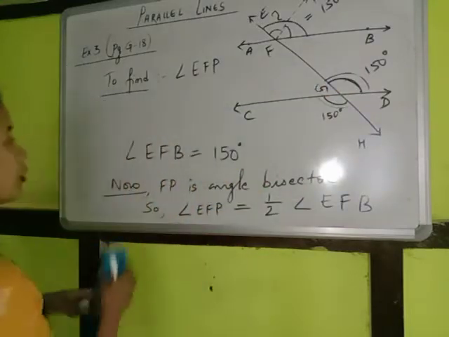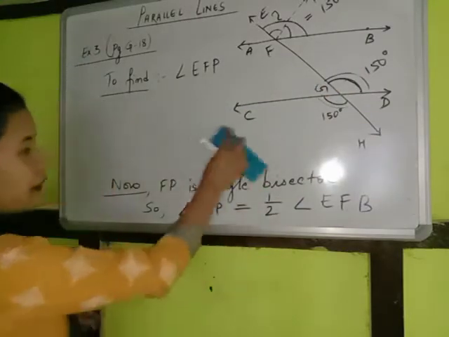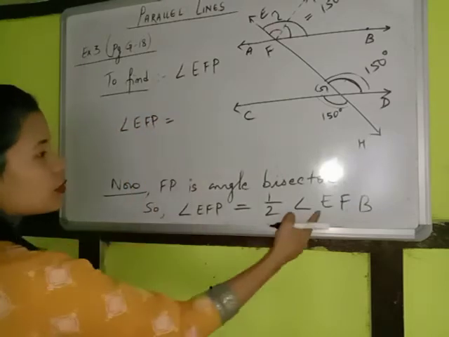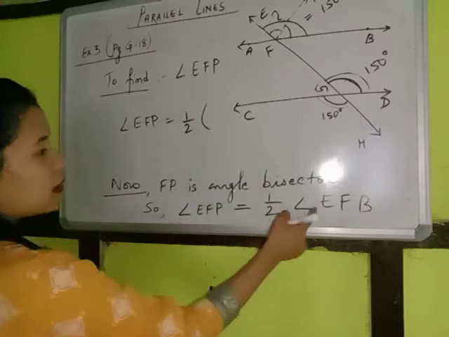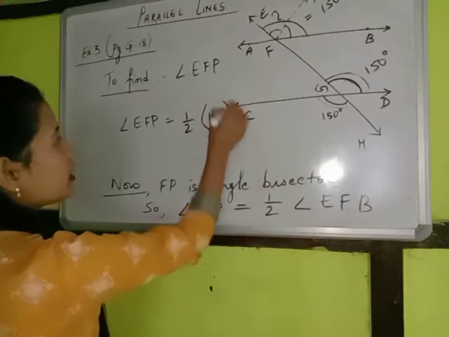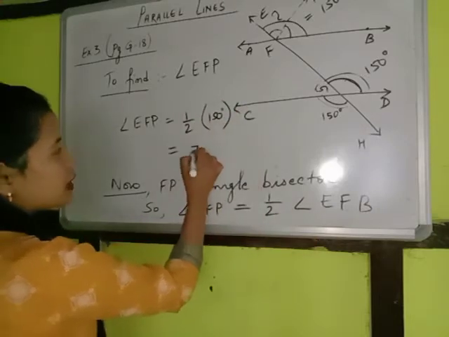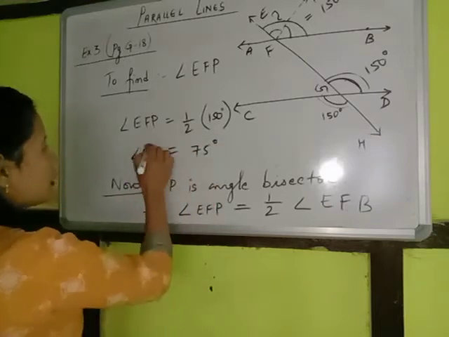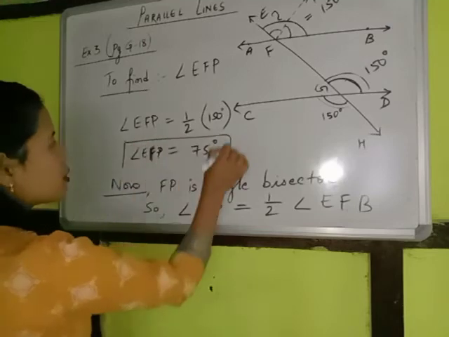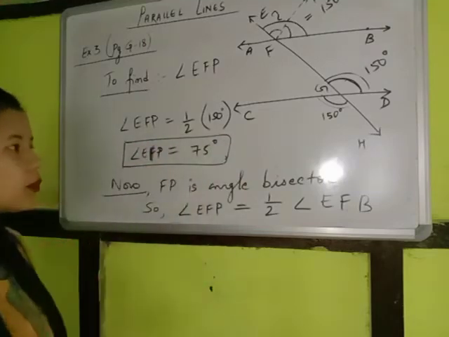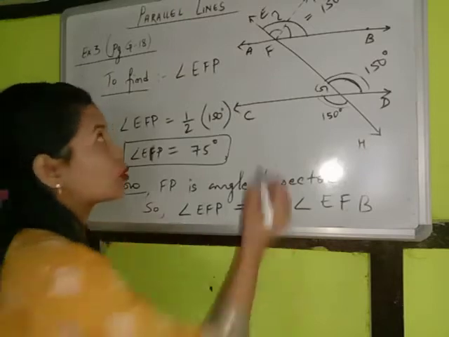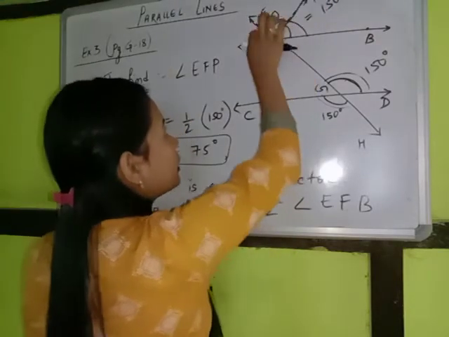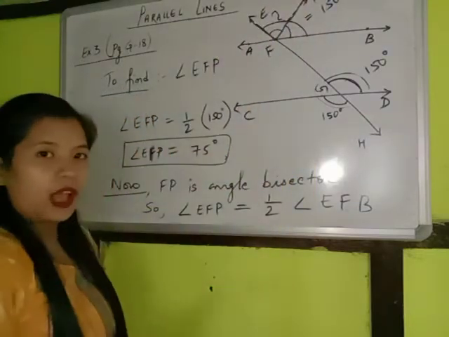We already know the measure of angle EFB, which is 150 degrees. So half of 150 degrees will be equal to 75 degrees. This is the required angle. Angle EFP will be equal to 75 degrees. I hope it is clear.